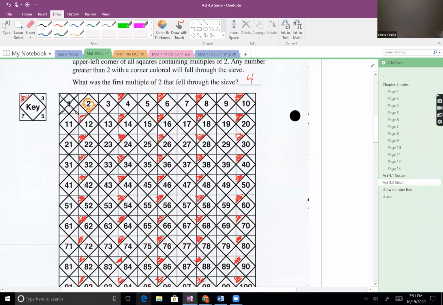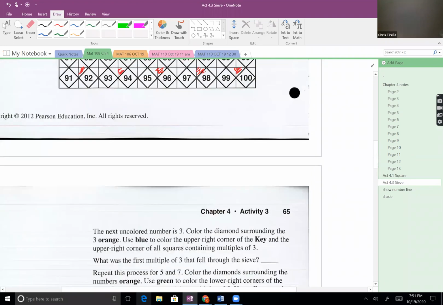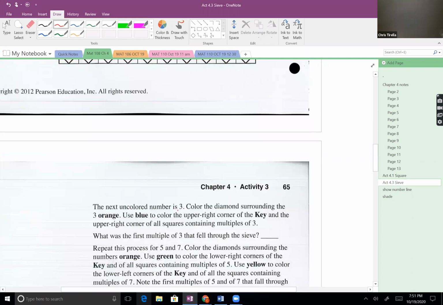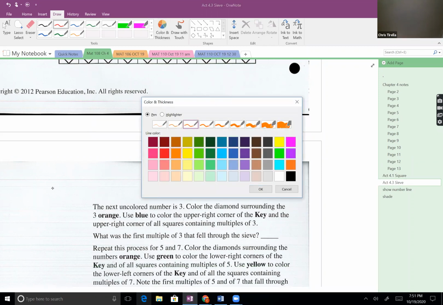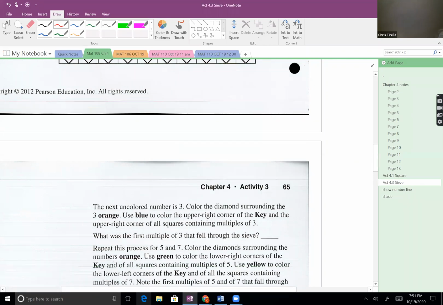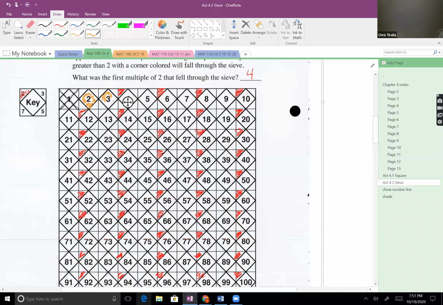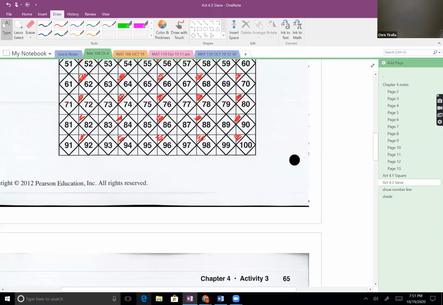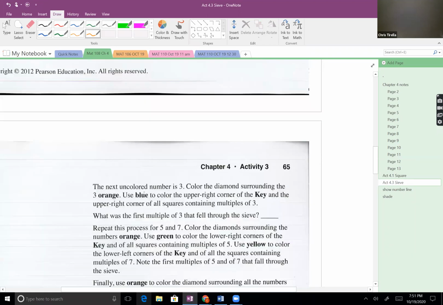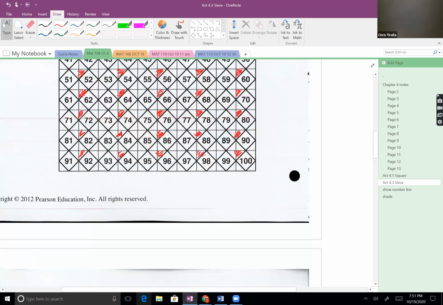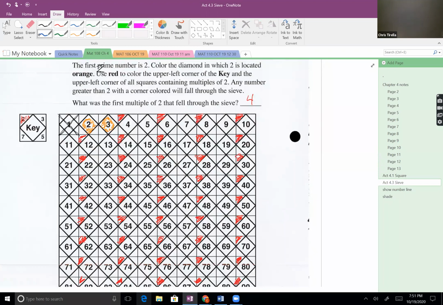Now what we want to do, the first number that's not colored in is 3. So we want to color the diamond around the 3 orange. Because 3 is now prime. And then we want to color blue the upper right-hand corner of any number that's a multiple of 3.